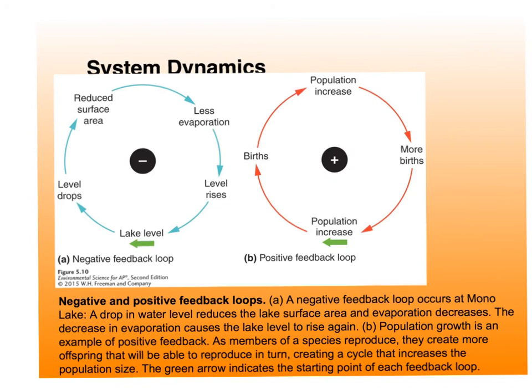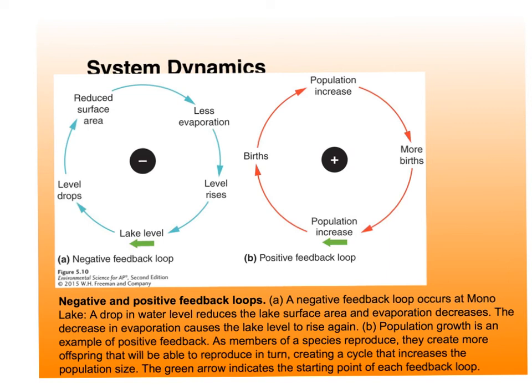All right, and here's the good stuff. Negative and positive feedback loops in APES. So these are the ones you need to know about. If you're looking for a negative feedback loop, remember that negative feedback reduces the activity that's happening, so you can return back to whatever was normal, okay? Whereas a positive feedback loop is increasing the activity or event that's happening to amplify it, right?